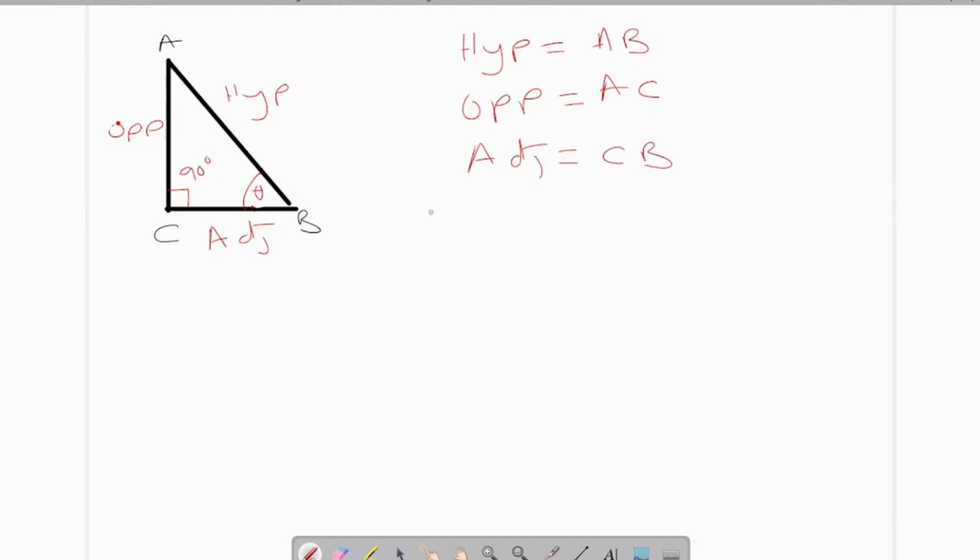And there are four formulas that are used when solving right angle triangles, which are sine theta, cos theta, tan theta, and finally the Pythagoras theorem.